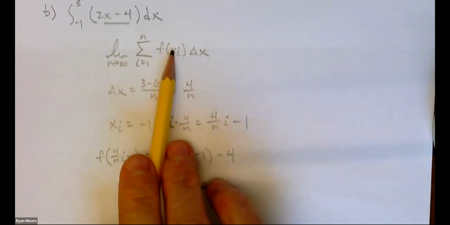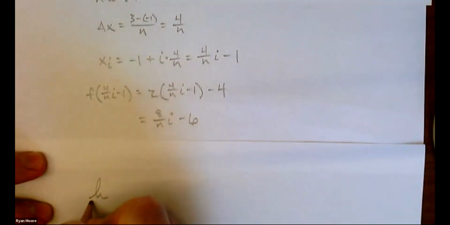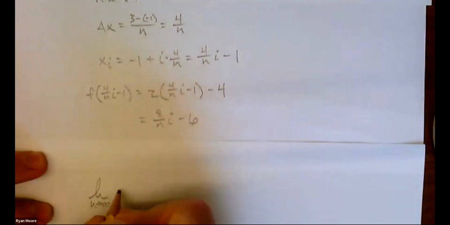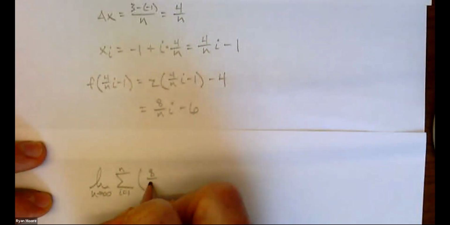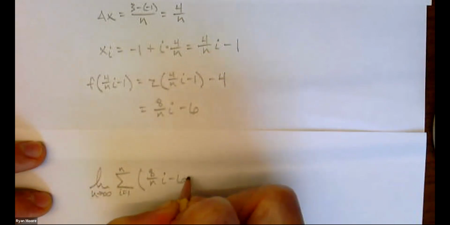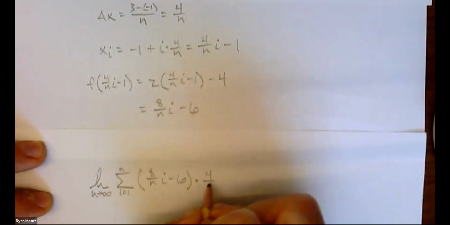Okay. Now this will go in for the f. We know delta x. Well, if I can keep all this on the same screen: the limit as n approaches infinity, sigma from i equals 1 to n, of 8i over n minus 6, times 4 over n.